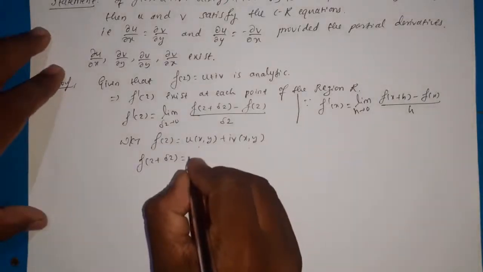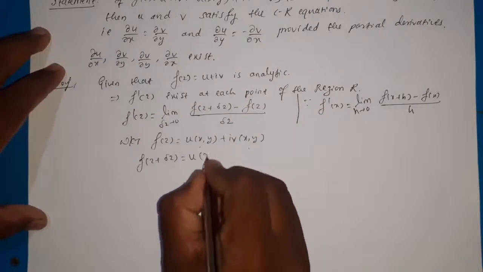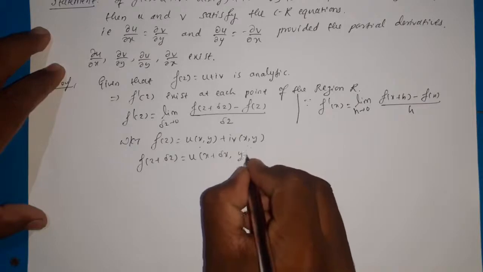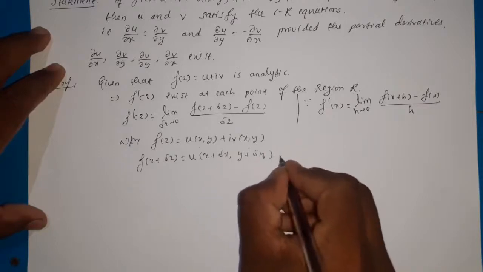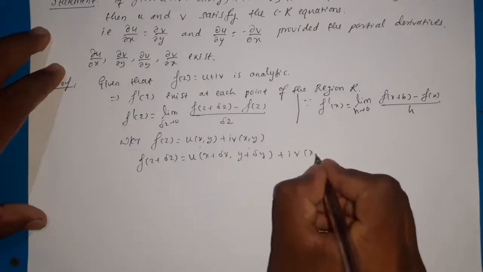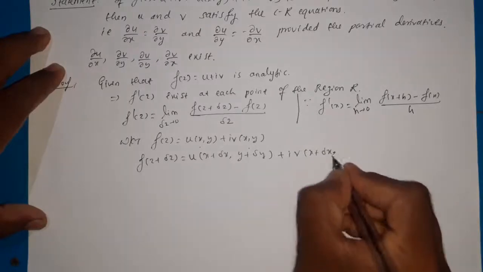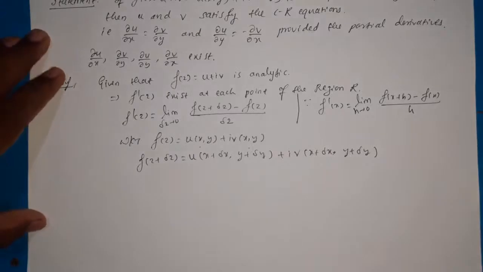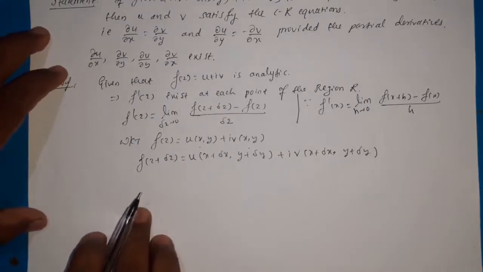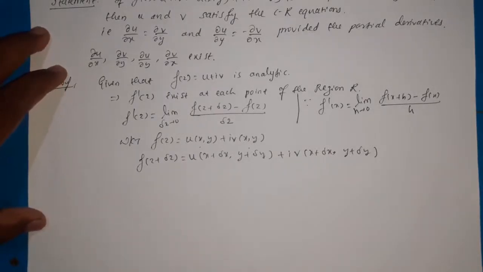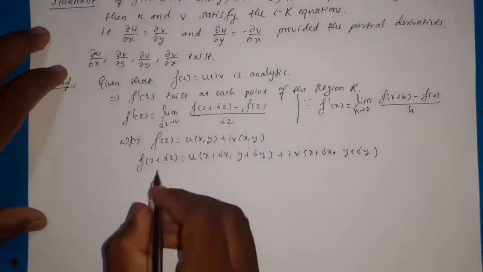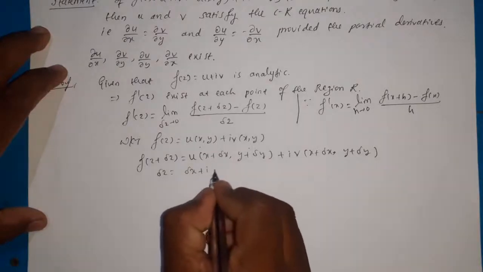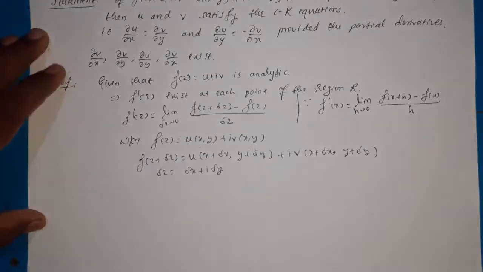So, therefore, this becomes u of x plus delta x comma y plus delta y plus i into v of x plus delta x comma y plus delta y. So, it is f of z plus delta z, and delta z is equal to delta x plus i into delta y.